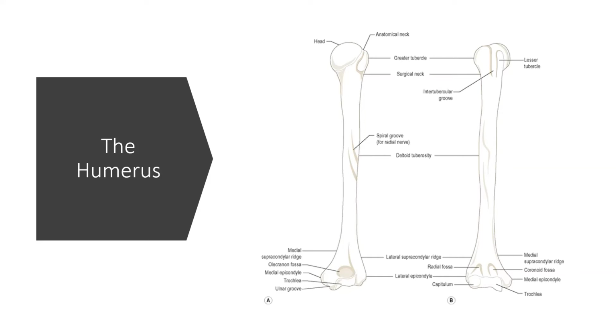But all right, the trochlea is where the ulna kind of rides up and down or across. It allows the true elbow joint, the ulnar humeral joint, to perform flexion and extension.